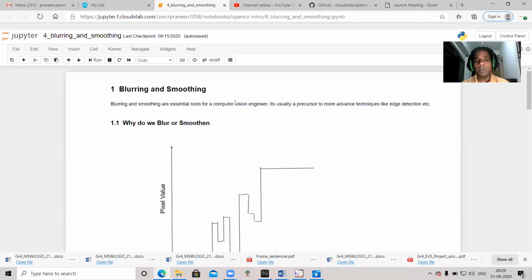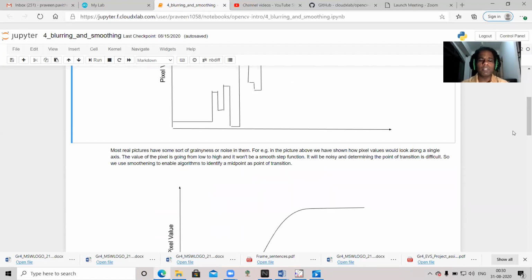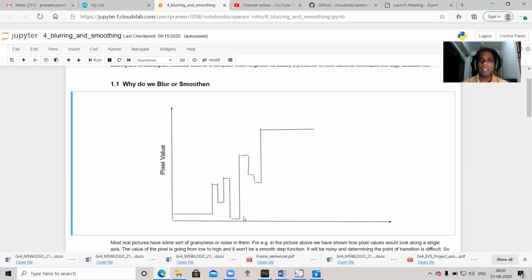Now, why do we blur or smooth? At first, blurring or smoothing sounds like a step in which we would be losing detail. Why do we do that? What we often want in OpenCV is to identify edges. Typically in any real picture, we don't have smooth edges.